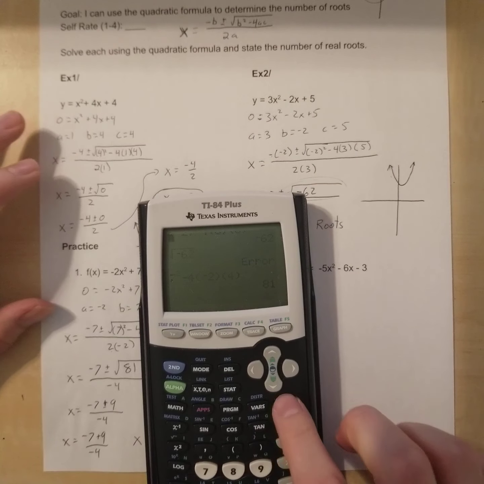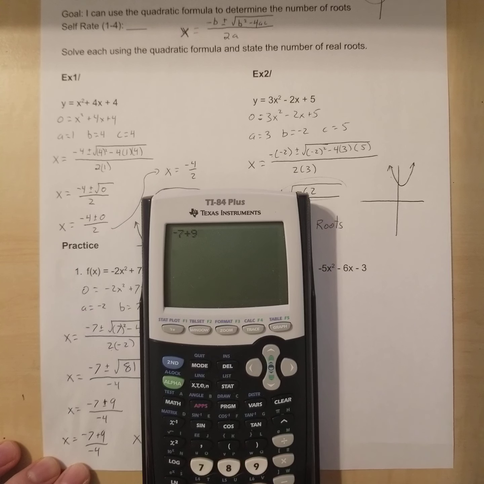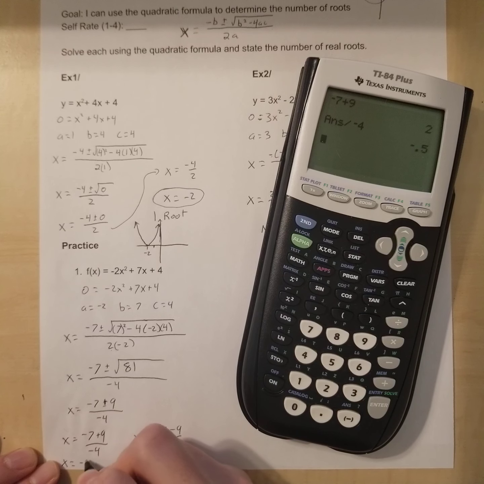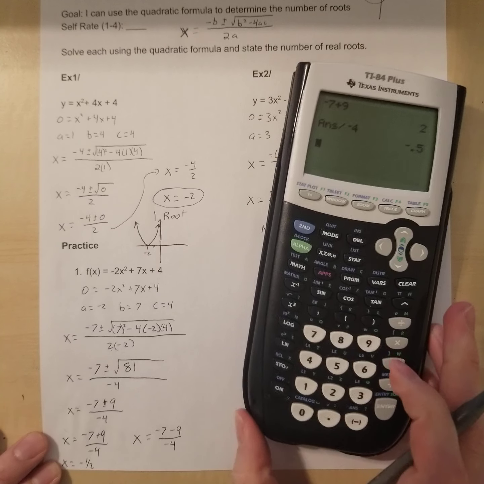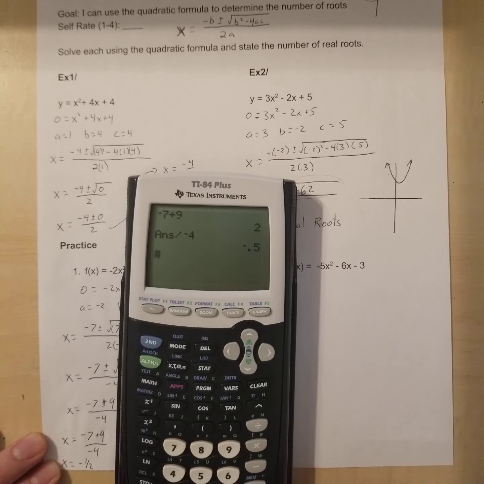We can put this all in at once. -7 plus 9 is 2, divided by -4 will be -1/2. If you leave it as a decimal, that's fine too. And then we'll have -7 minus 9 divided by -4 will be 4.